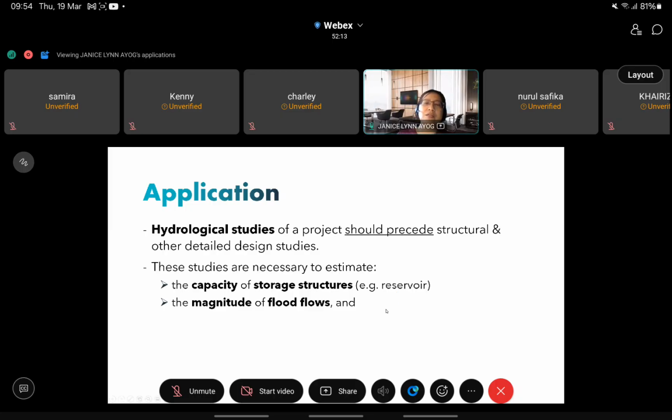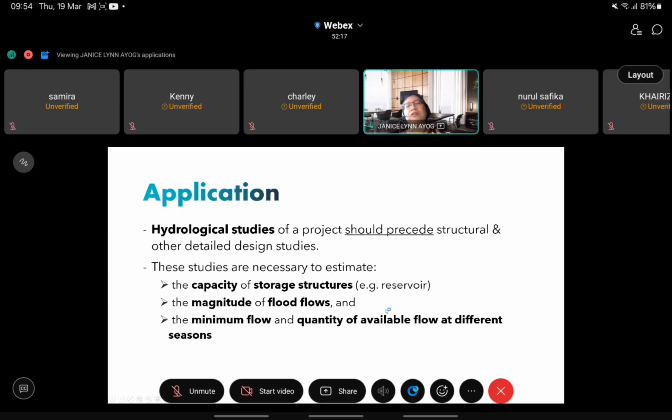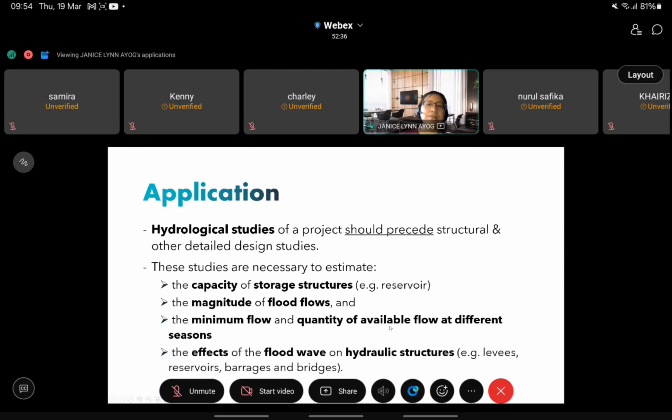So you need to estimate that. That's the flood aspect. For the drought aspect, you want to know the minimum flow that the river can retain, and whether the quantity is enough for the water treatment plant to take the water out for other usage.